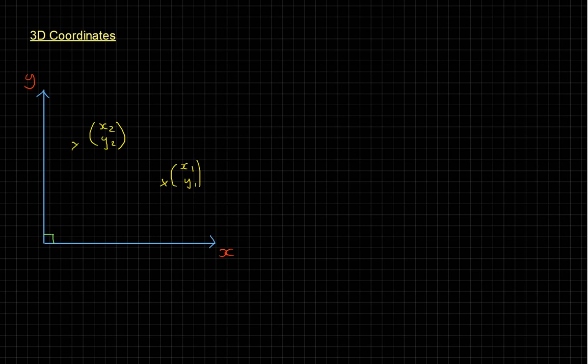So this 2D representation of points that I've just drawn here, this is exactly what it looks like. But what I'm about to draw now is not actually a 3-dimensional thing. It's a representation of 3D space on a 2D surface.